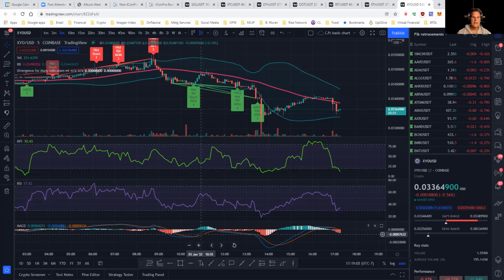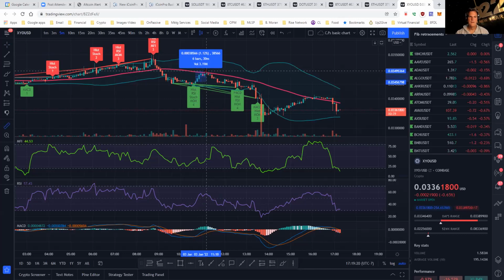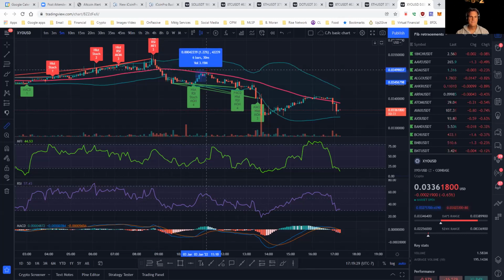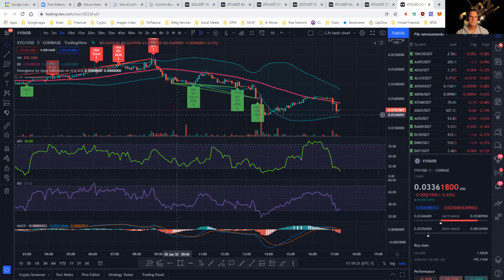MACD is a slower one. I've got it on here, but to be honest, I don't use it that much. But I want to see these two agree with my decision, and then go ahead and get in. And then I'm looking for maybe the SMA line here, 1.3%, would have just gotten it before it dropped again.